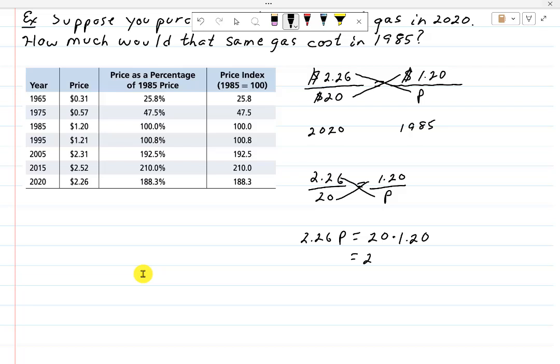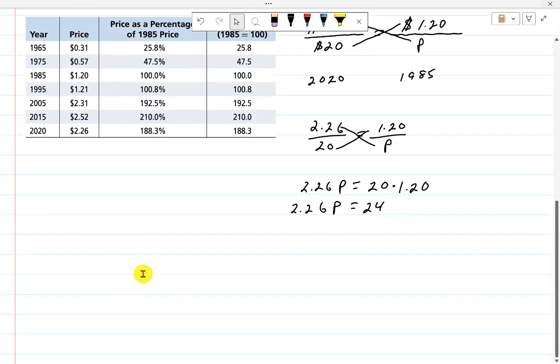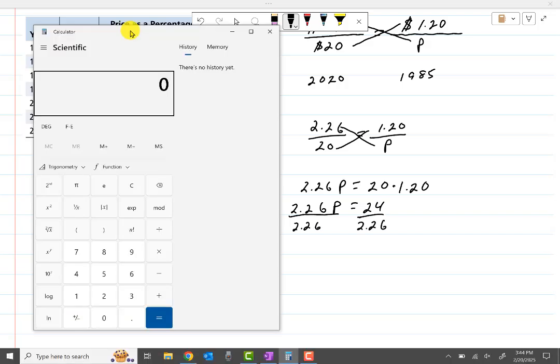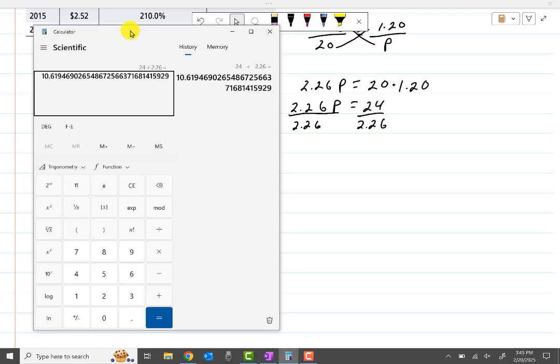And that's going to be 24 on that side and 2.26P on the left. And now I'm going to divide both sides by 2.26. 24 divided by 2.26 gives me, I'll round my answer to two places, it looks like $10.62.